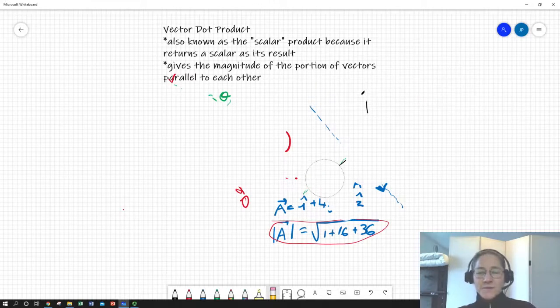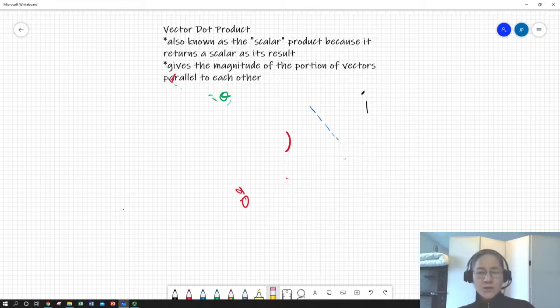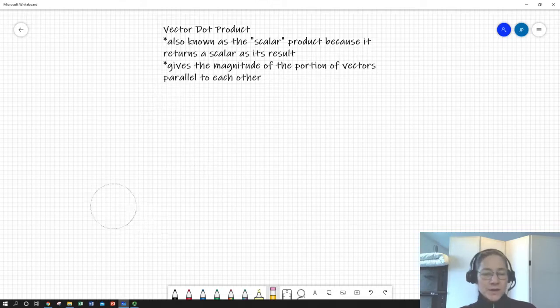So sometimes a vector is described in terms of its directional cosines, and that is basically an application of the dot product with respect to the coordinate axes. I won't talk too much about that. It's not used extensively, but it's a term that you might run into.